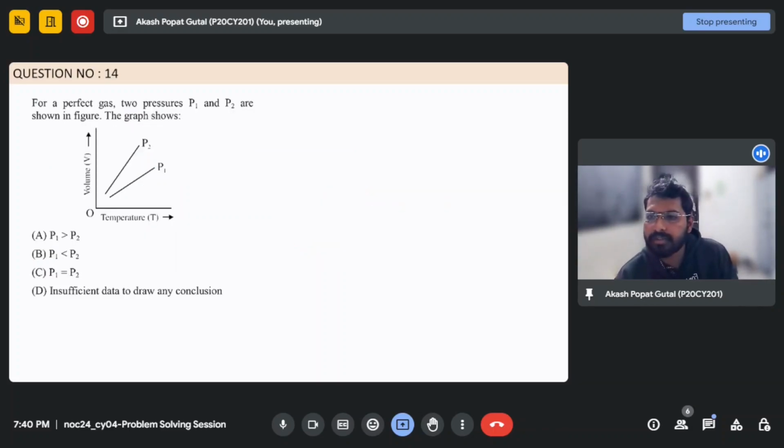Question 14: for a perfect gas, two pressures P1 and P2 are shown in the figure. A V versus T graph is given, and four options about the relation between the two pressures are given. Can you guess what the answer is?